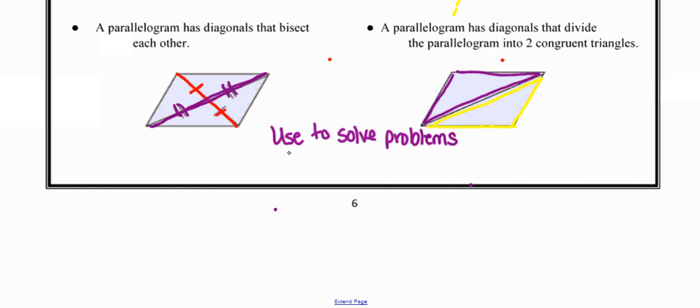And my favorite, and I'm sure it will be yours also, we might use them to write proofs. So because we're using these properties both to problem solve and to write proofs, it's important that you be comfortable and familiar and know all of them very, very well.